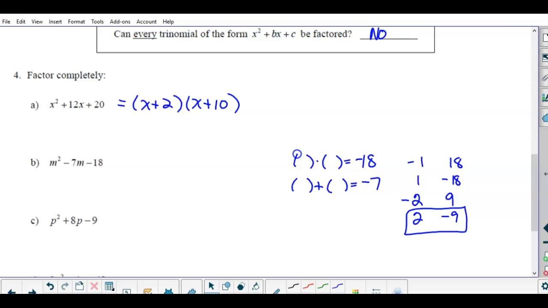You could do 3 and 6, but that wouldn't add to negative 7. So we're done here. And so in our bracket, we're dealing with m's. So m goes first, and then one of them's a positive 2, and one of them's a negative 9. So subtract 9.